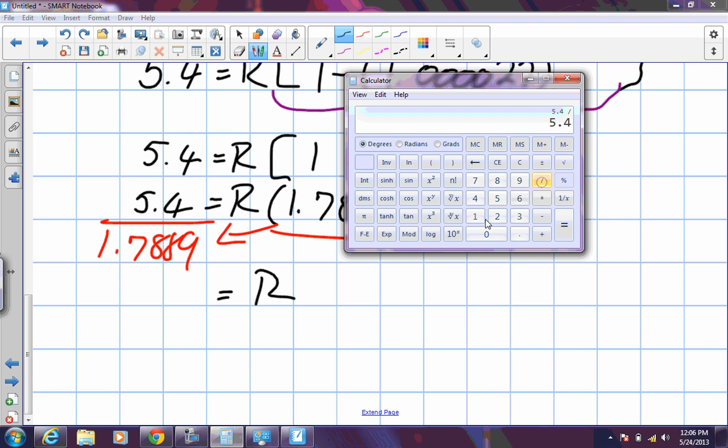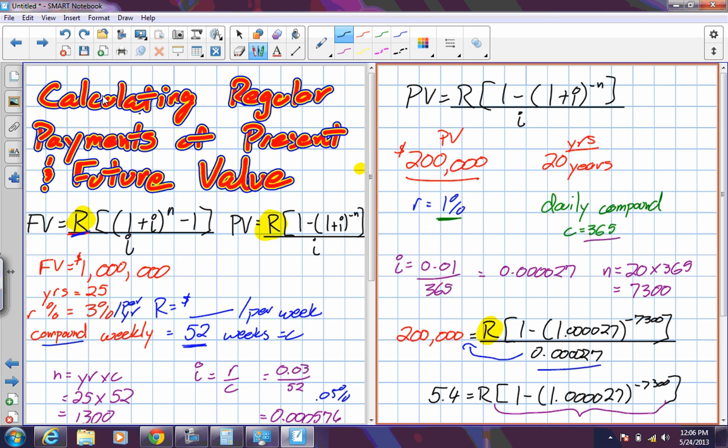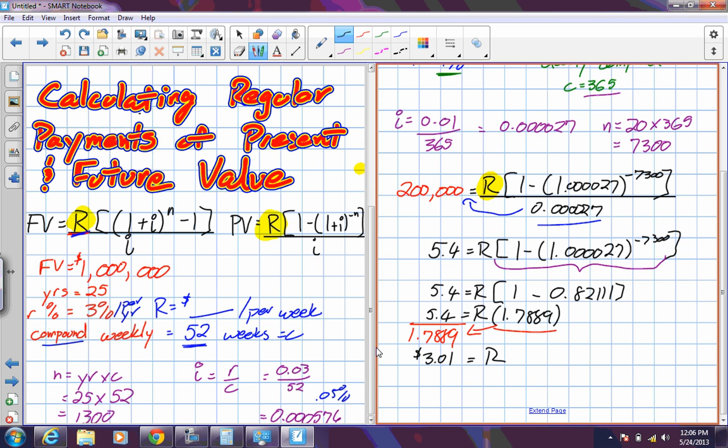So we're taking money every day for 20 years out of $200,000. You can take out $3 and a penny. Not an amazing amount from the original $200,000, correct? Our bank account wasn't great, and we're also taking money out every single day. So you need to keep that in mind.